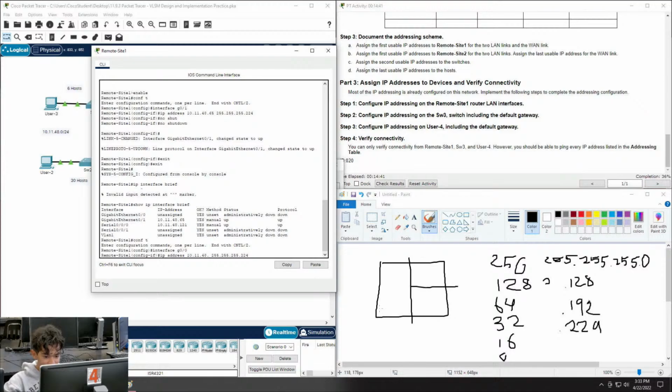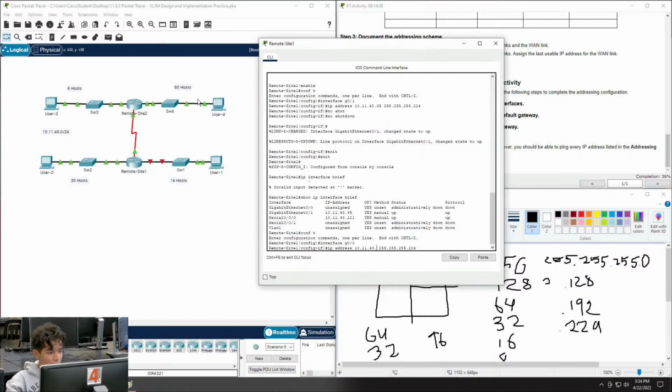Not too quick with math. 64, 32, that'd be 96. So everything up until 96 is already taken as a network, so we have to use the one after 96, which would be 97. And since it's in the router, it would be the gateway, so it'd be the first usable, which would be 97.